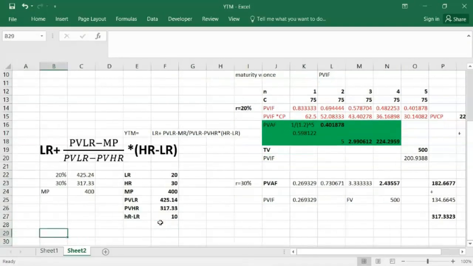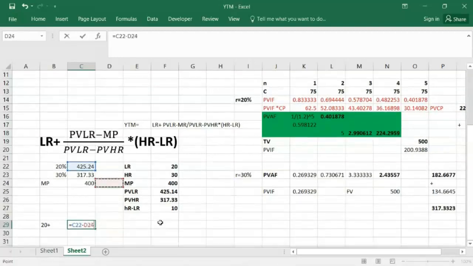So the lower rate is 20% plus the present value of lower rate, 425, minus the market price, 400, divided by the present value of lower rate, 425, minus the present value of higher rate, 317.33.